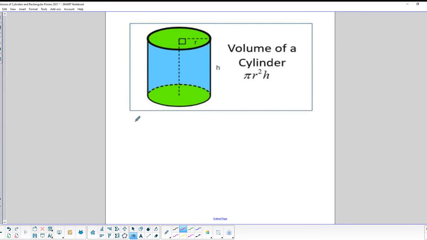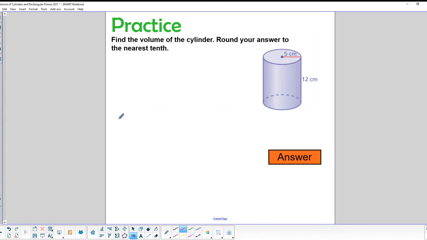Now, when we move to the volume of a cylinder, we kind of keep the same idea in mind here. Volume is pi r squared times the height. And if you remember, pi r squared is the formula for the area of a circle. So we're finding the area of the circular base. So 3.14 times 5 squared.